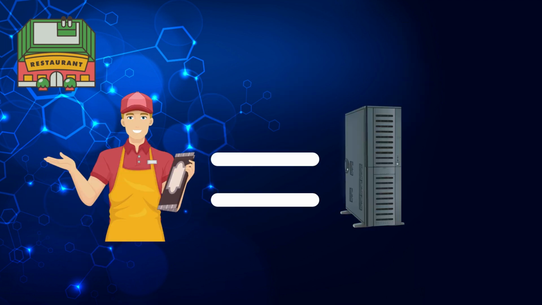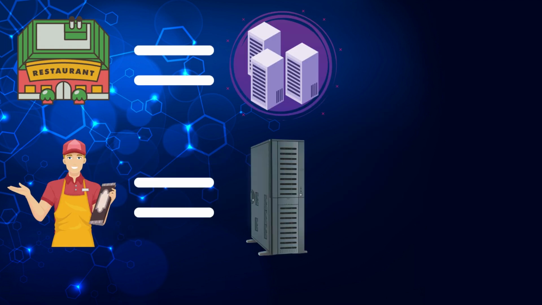Each of these waiters is going to represent an individual server, and each of those servers is going to perform a different task or a different function. So the restaurant represents the data center, and the waiter represents the individual server and the functions that they perform.